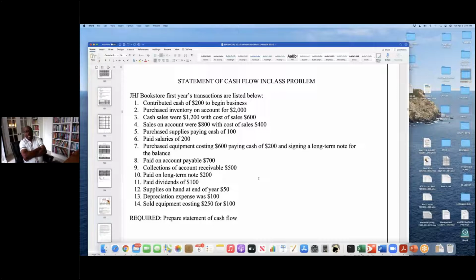Take about 5 or 7 minutes. Professor Boyd, you want us to do the ones that are only incoming cash or outgoing too? Yeah, outgoing also.